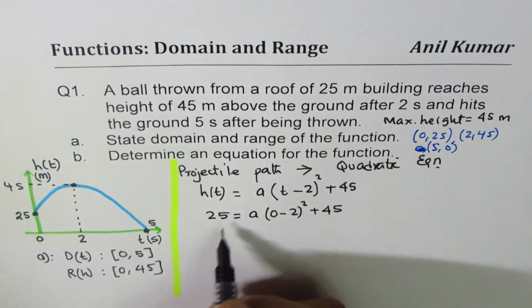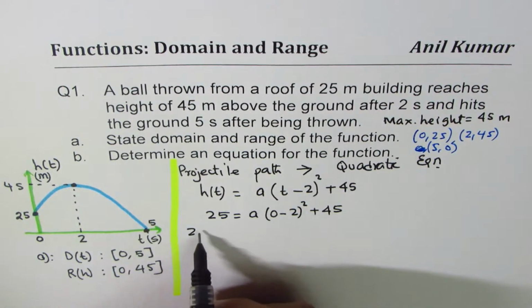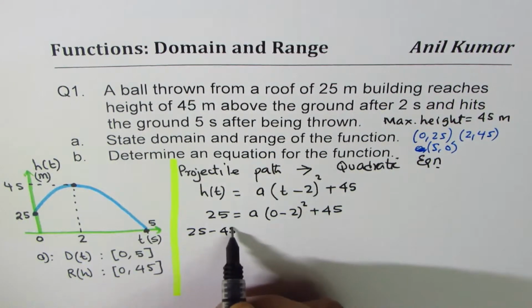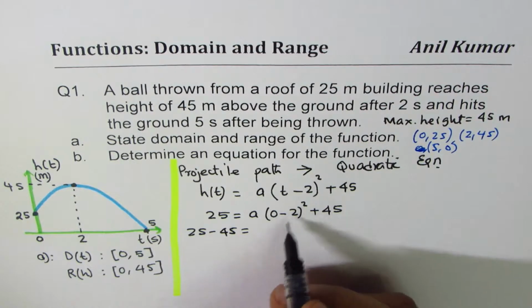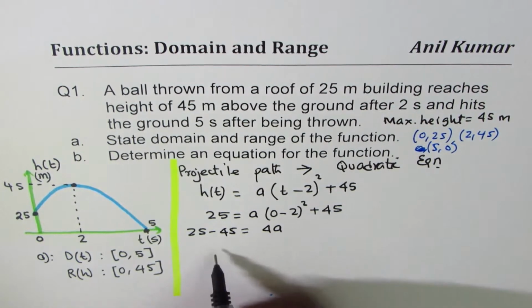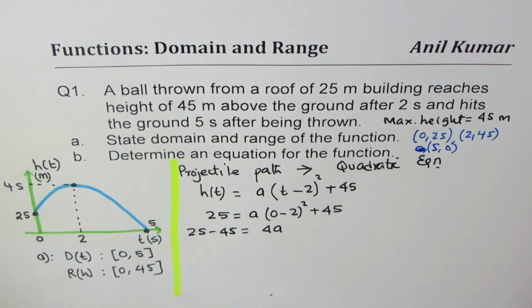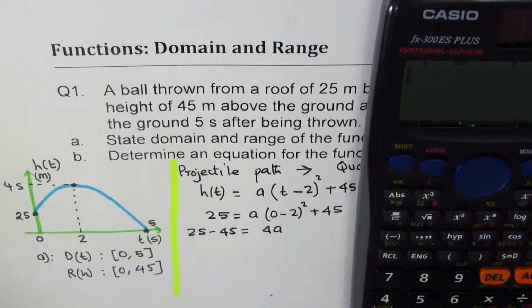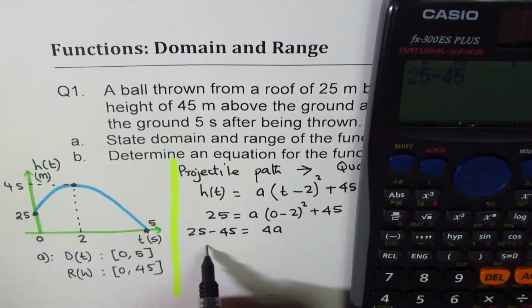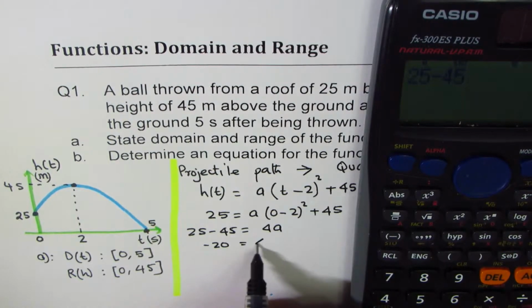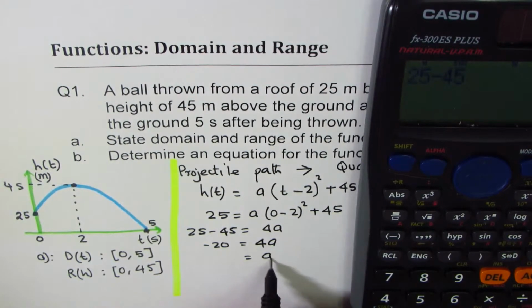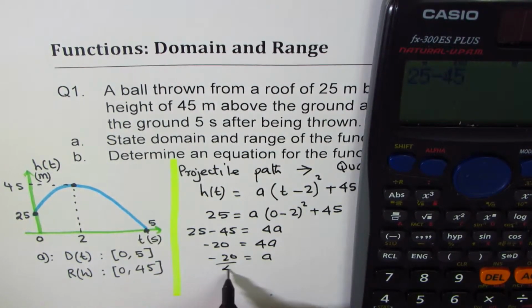Okay, so 25 minus 45 equals, square of this is 4, so I'll have 4a here, and let's use the calculator. So we have minus 20 there, right? So 25 minus 45 equals minus 20 equals 4a, and a is minus 20 over 4, which is minus 5.